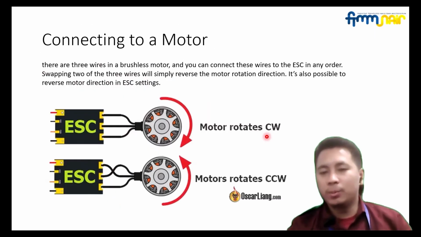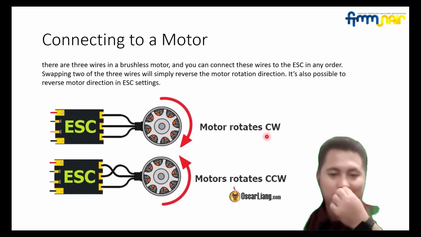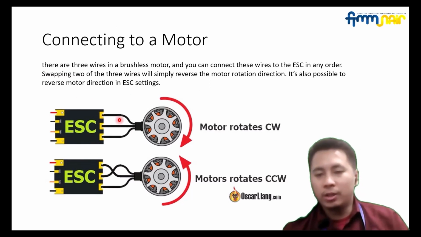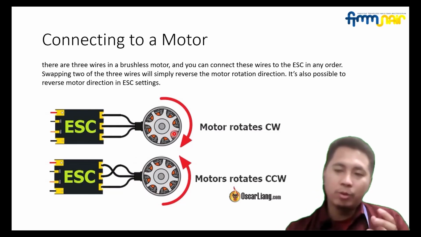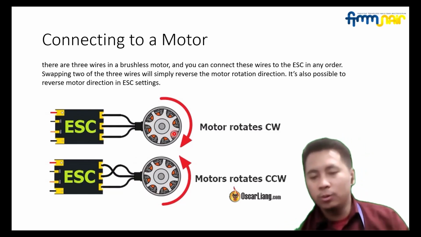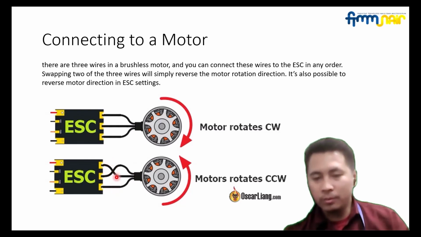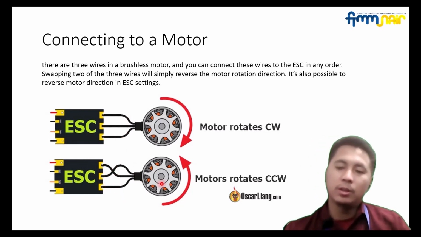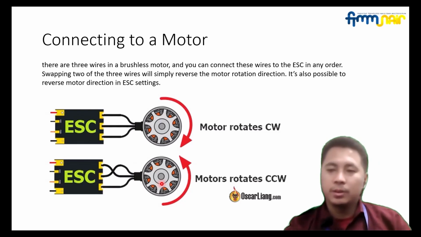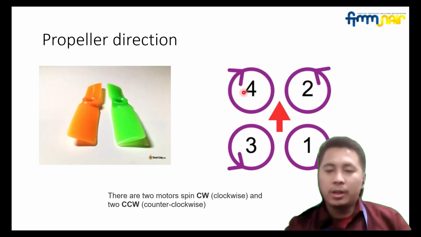And how do we connect a motor? We just connect it because it has three connections. And how to make it rotate clockwise and counterclockwise, or how to make it rotate in reverse? You have to swap two of the three cables, like in this diagram, so it will rotate in the opposite direction.